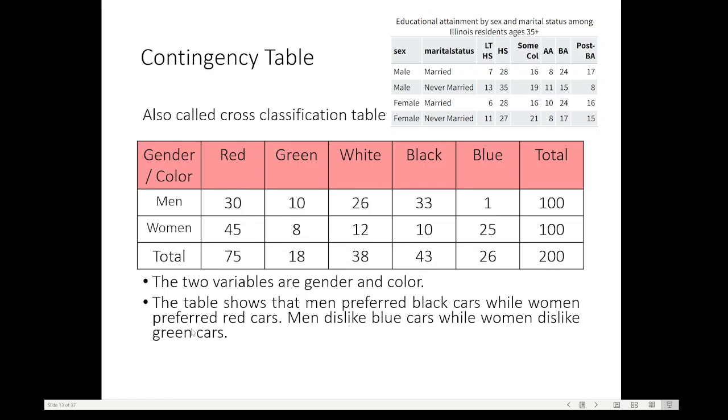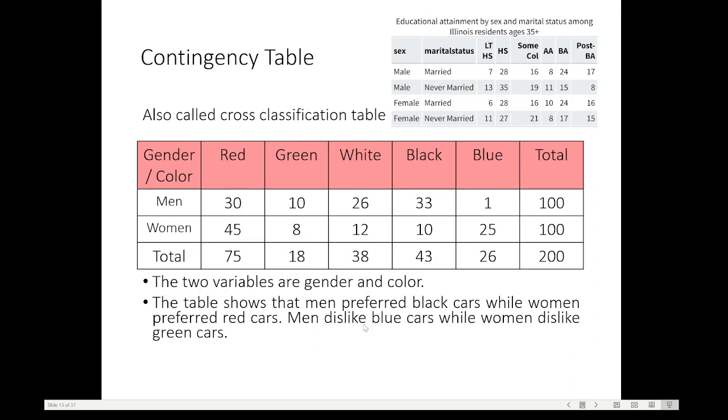So that is what the explanation over here means. The table shows that men prefer black cars, this is the highest value, while women prefer red cars. 45 is the highest value for women.